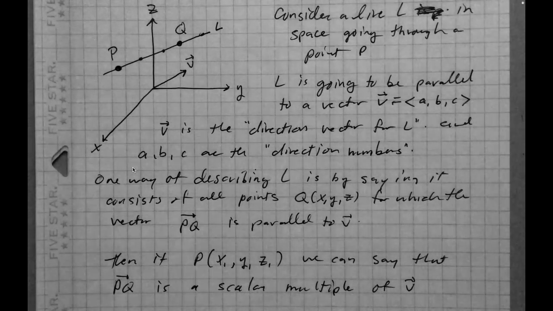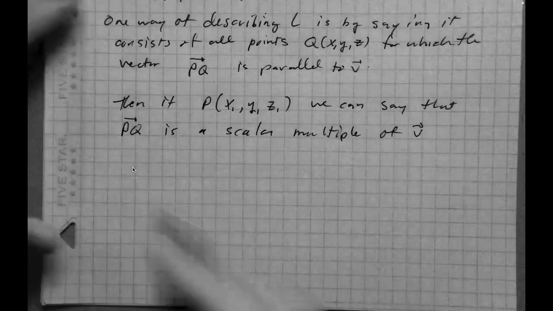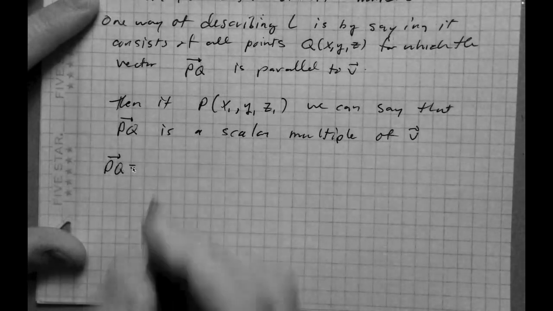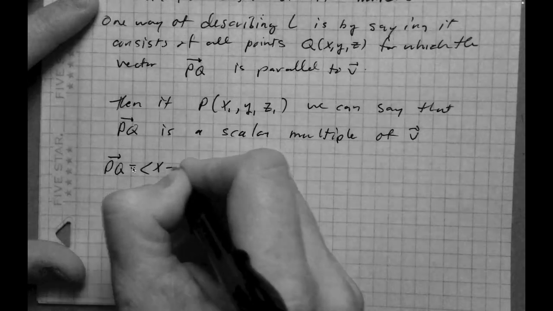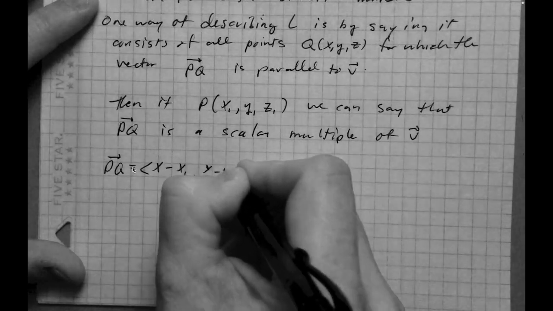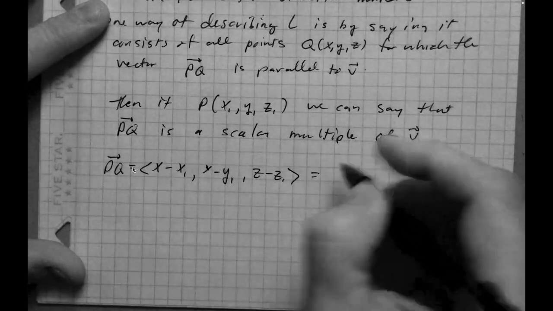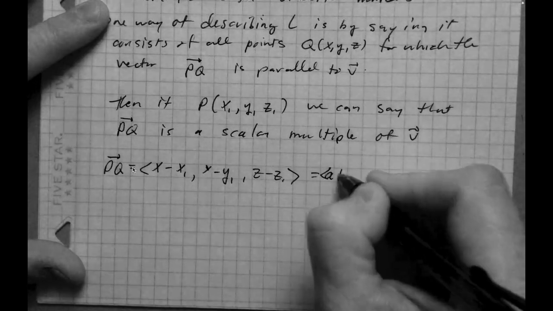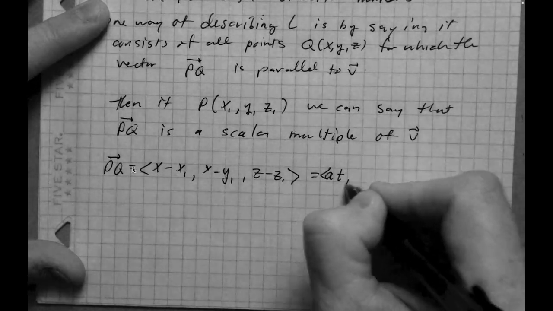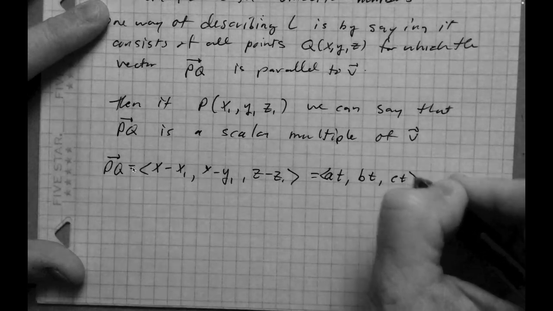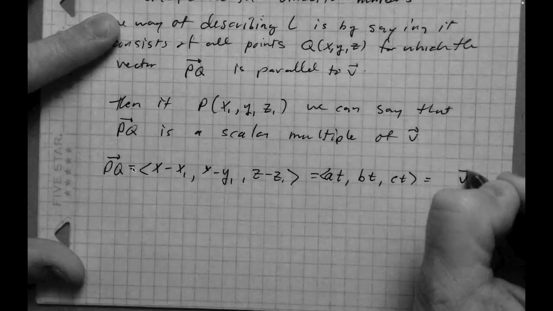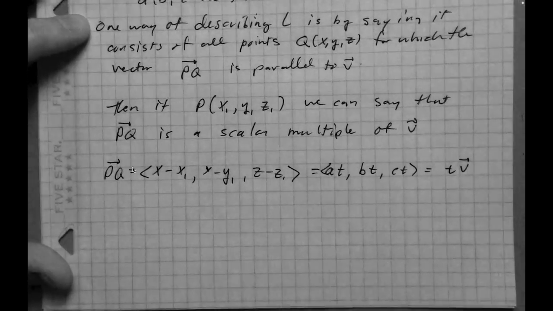They have the same direction. They may not have the same magnitude, but they have the same direction. That being the case, we could write the following. PQ is equal to (x minus x1, y minus y1, z minus z1), and that's going to be equal to (at, bt, ct), which is basically just v multiplied by some scalar t.